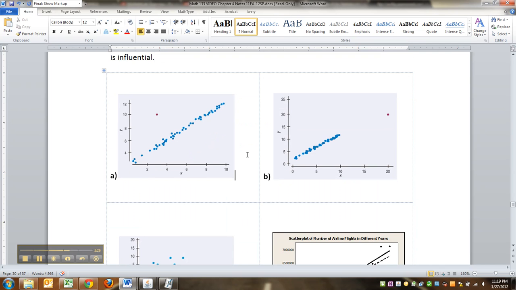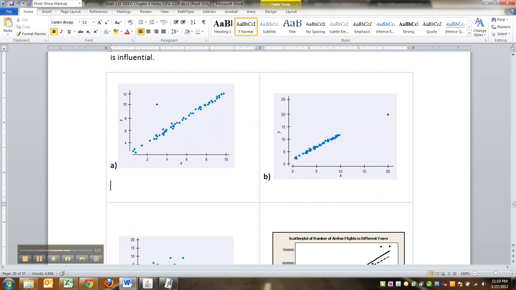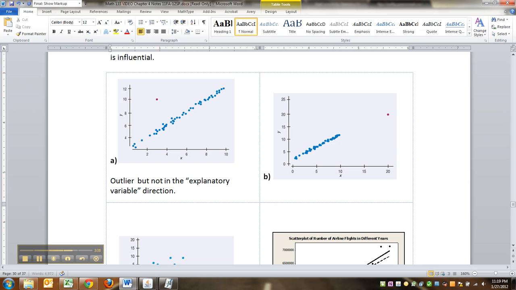So for example, this one, it's an outlier, but not in the explanatory variable direction. Reason being, this red dot is right in the thick of these x values. Look, it's got an x value of about 3. Well, so do a lot of other points. So that's not really an outlier. I mean, it's an outlier in terms of the y direction, but that's not what makes it influential, right? All right, what about this one?